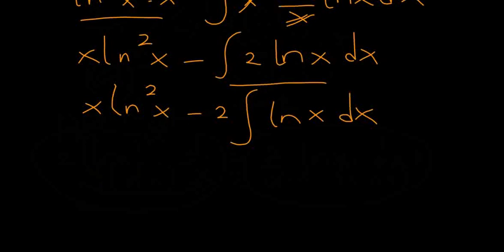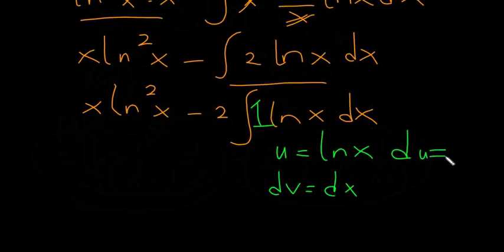The value of u here is going to be ln x, and the value of dv is going to be 1 dx, which is equal to dx. So du is the derivative of ln x, which is 1 over x, and the value of v is the integral of dx, which is x.